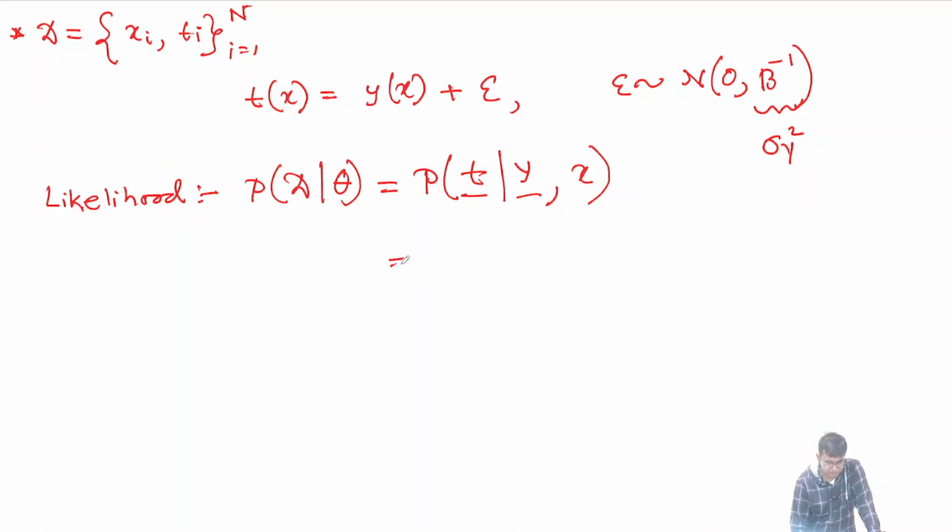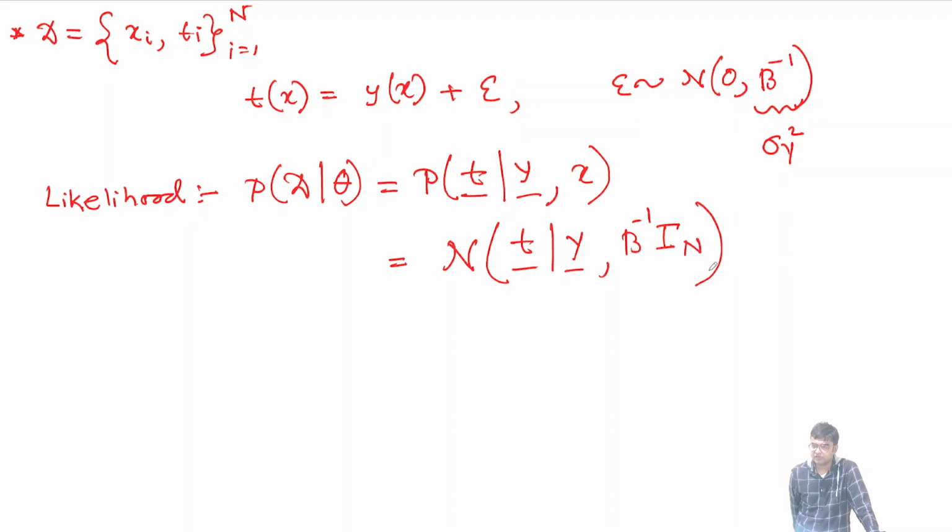So this is actually equal to Gaussian of t given y and then sigma y square I, or I can write beta inverse I n. It is a Gaussian because I am constructing the likelihood over the data.